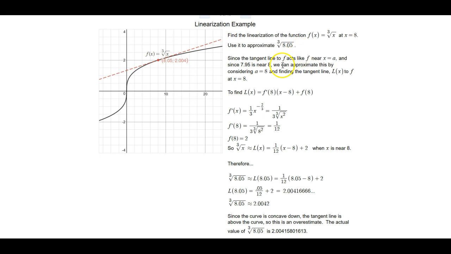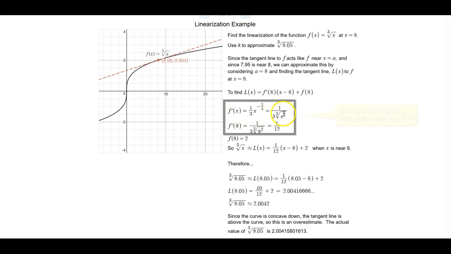If we find the linearization of this function at 8, we take the derivative, that's our slope, and we evaluate it at 8, so that's the slope of our tangent line, and then we fill in the rest of the point-slope form: the slope times x minus 8 plus f of 8.